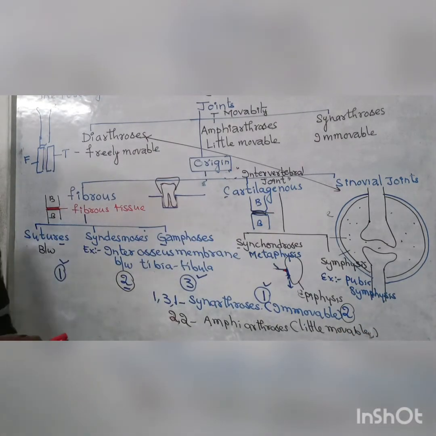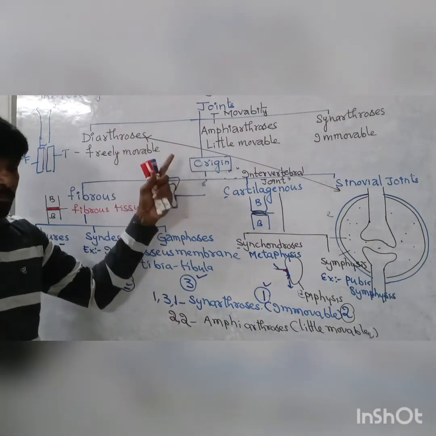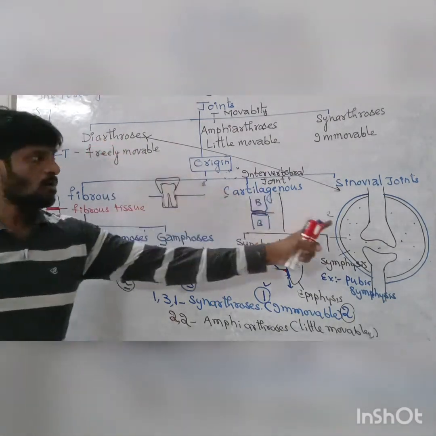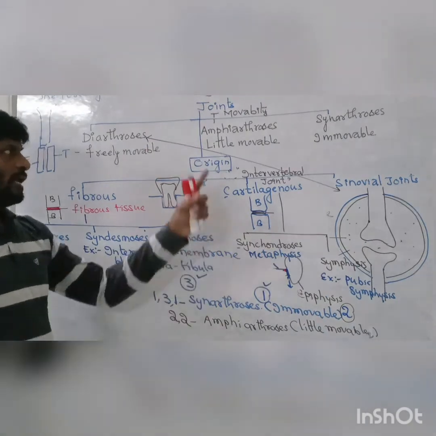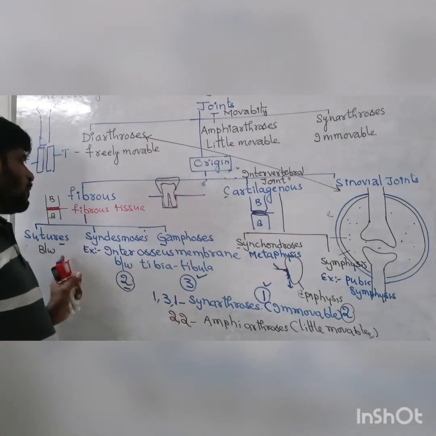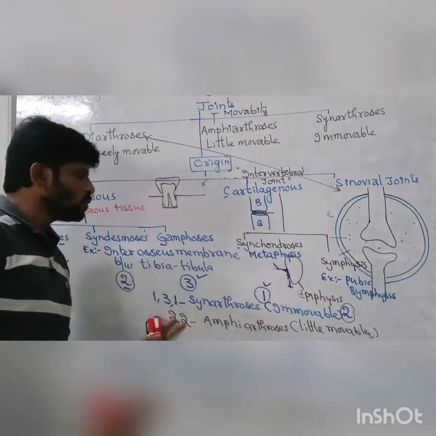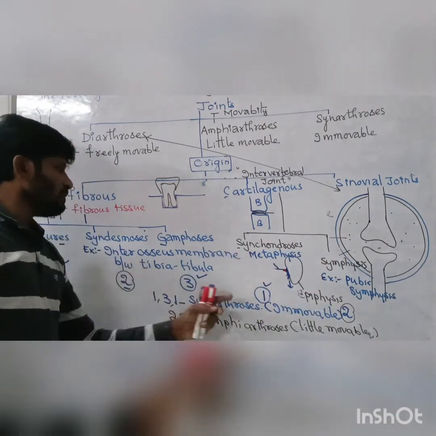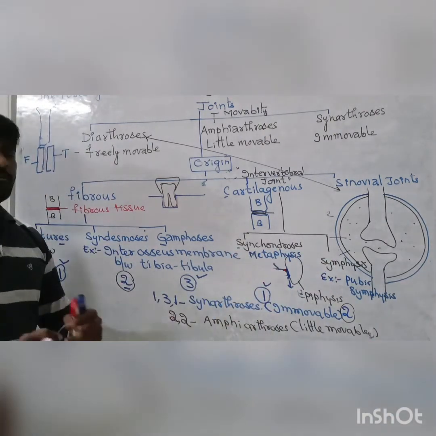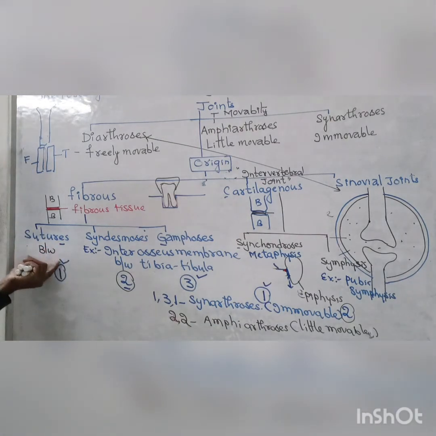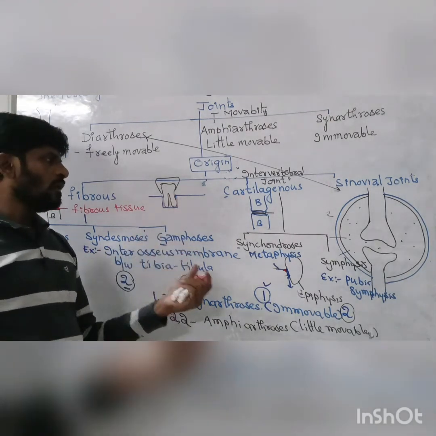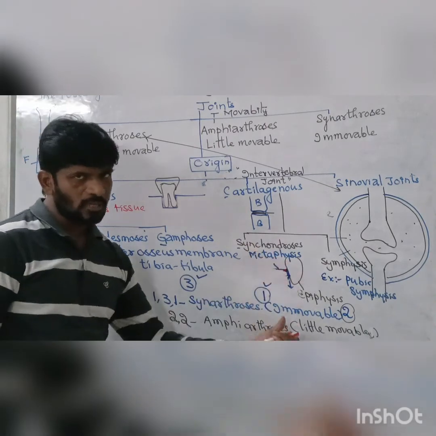This is all about the classification of the joints depending upon the mobility. Diarthroses or synovial joints; amphiarthroses, the syndesmosis and the symphysis; and synarthroses are totally immobile. Examples: sutures, gomphoses, and synchondroses are totally immobile.